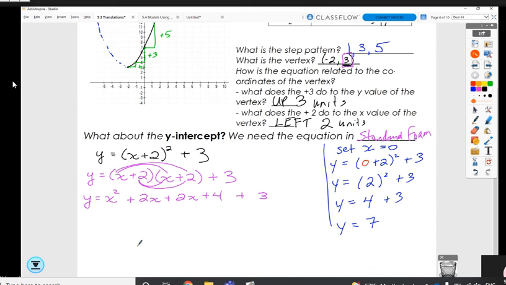We can collect the two x terms, and we can also collect the two constant terms, and we get x squared plus 4x plus 7. And there it is. But this is just as good.